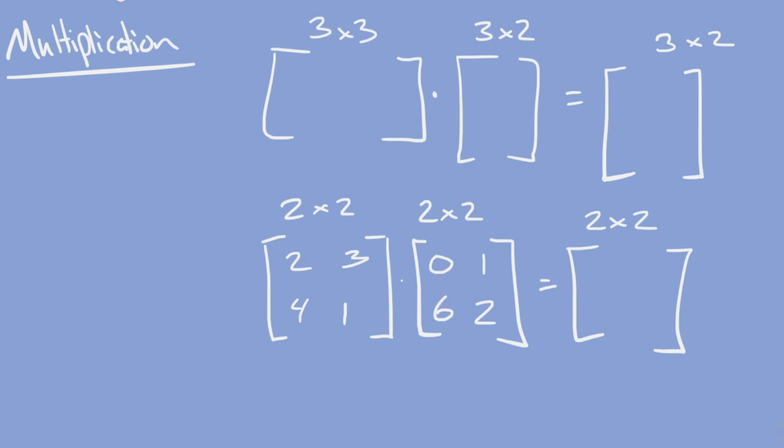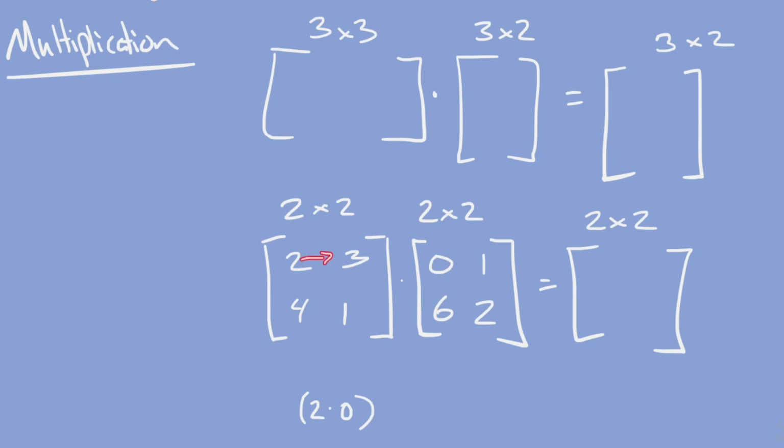And that's why the number of columns needs to be equal to the number of rows, because you'll see in a second. So if we start with 2 times 0, let's just write that down. So we have 2 times 0, and then we're going to add the next value.